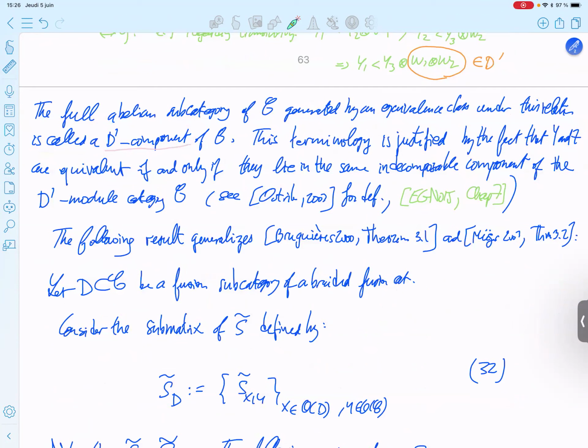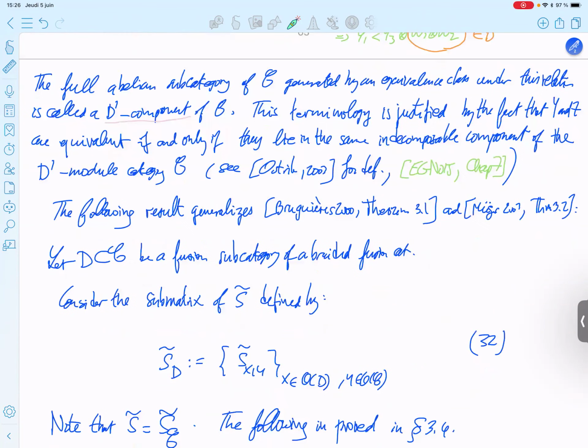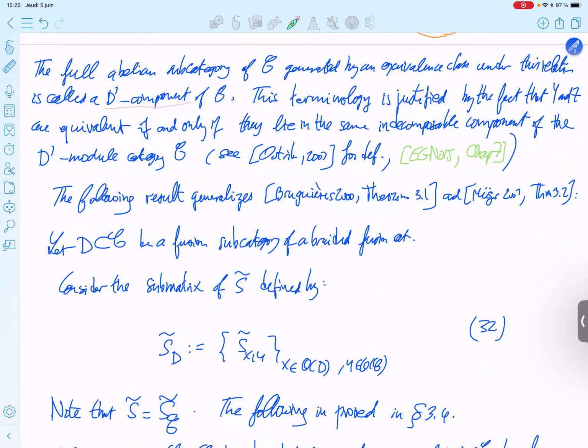If you consider an equivalence class and the full abelian subcategory generated by it, it is called a D-prime component of C. As we mentioned before, this terminology is justified by the fact that two simple objects are equivalent if and only if they lie in the same indecomposable component of C as a D-prime module.